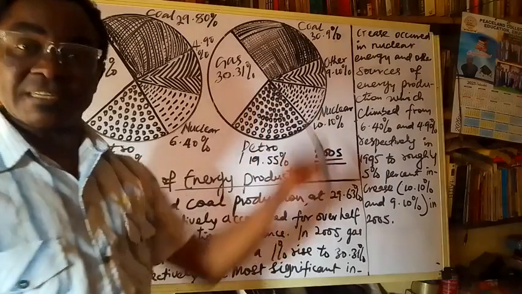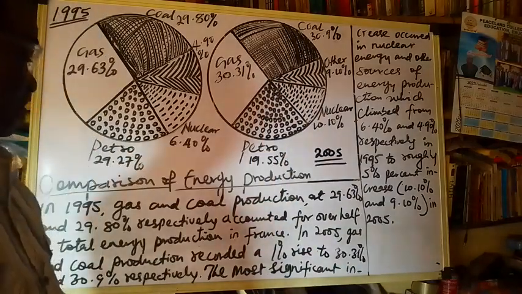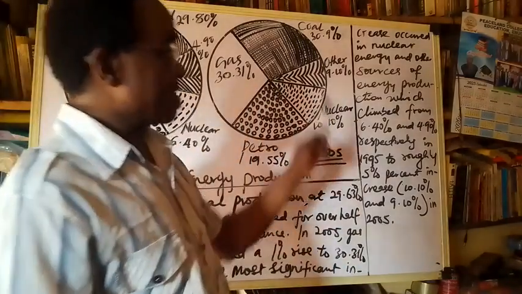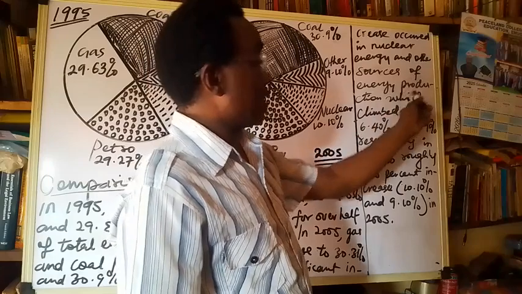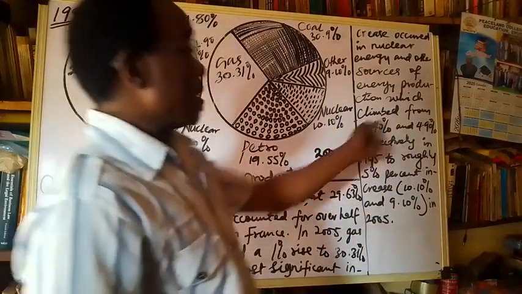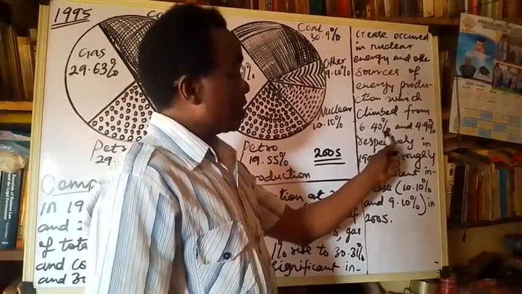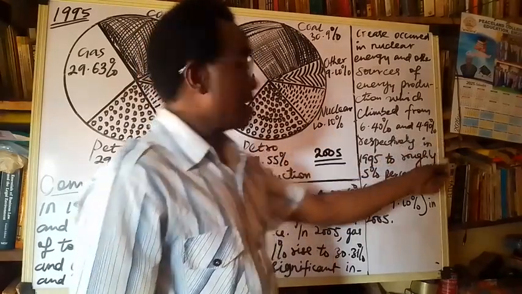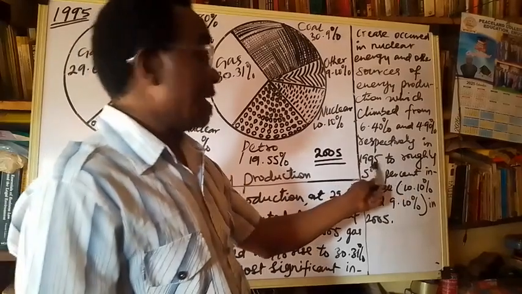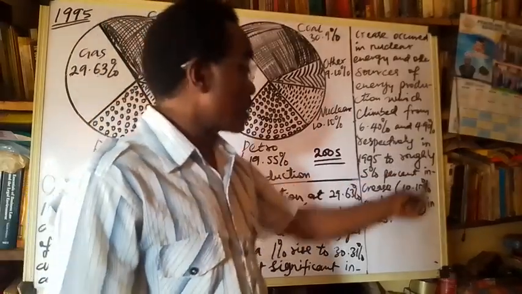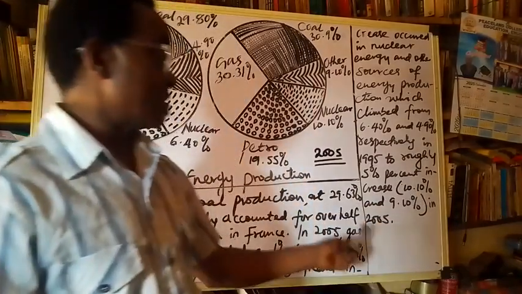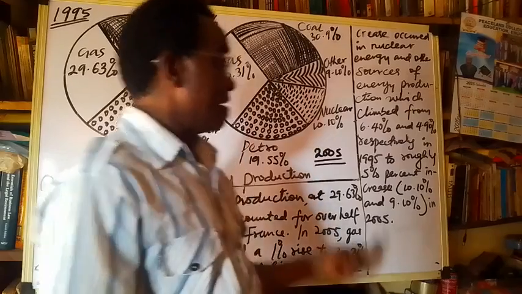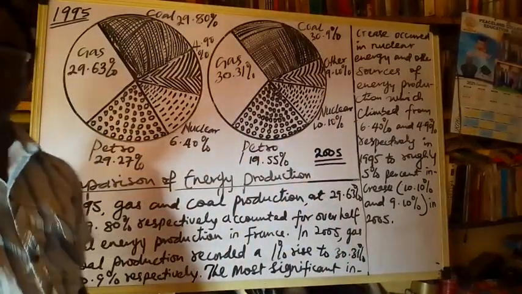That has already been indicated on the graph. The most significant increase occurred in nuclear energy and other sources of energy production, which climbed from 6.40% and 4.90% respectively in 1995 to roughly 5% increase, that is 10.10% and 9.10% in 2005.